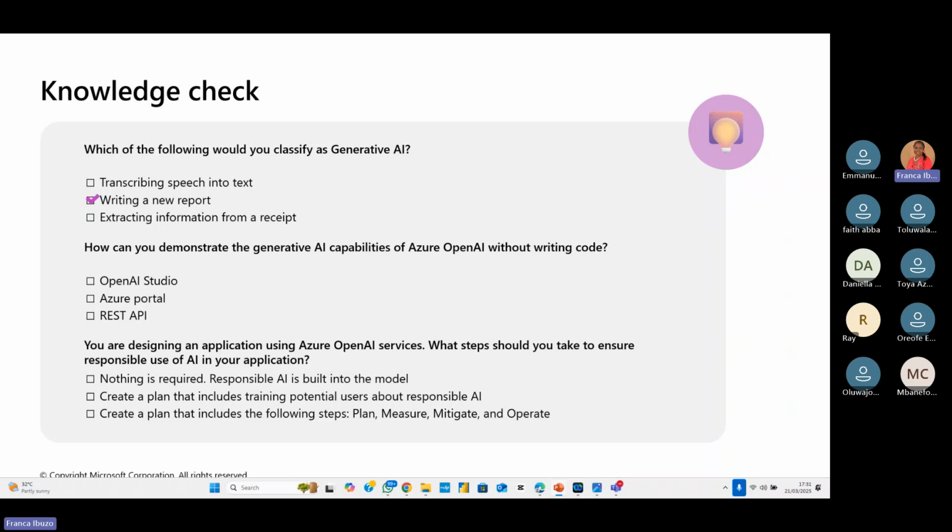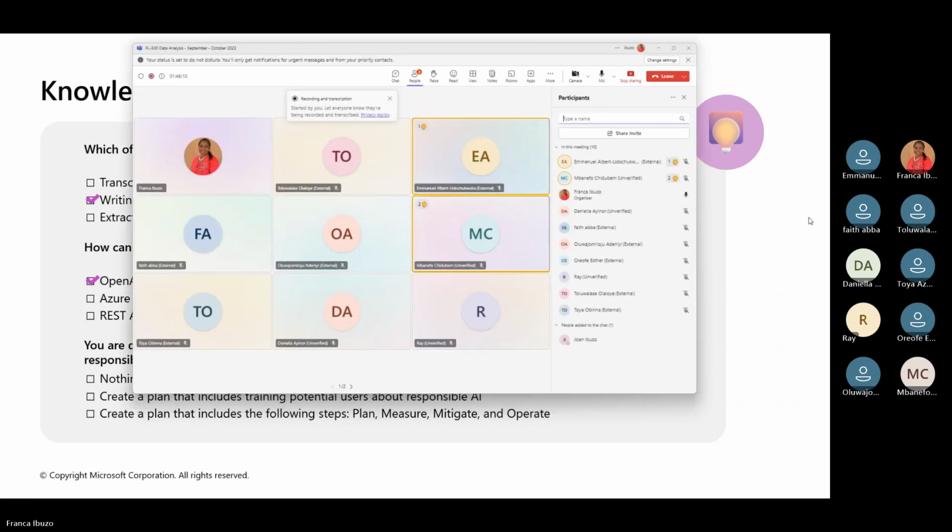Who agrees with him? Okay, Emmanuel, only Emmanuel agrees with him. Okay, two people now. And then Mbanefo, you agree with him?